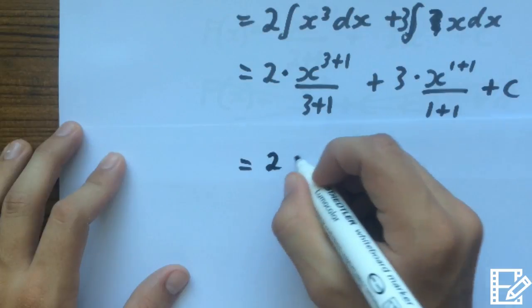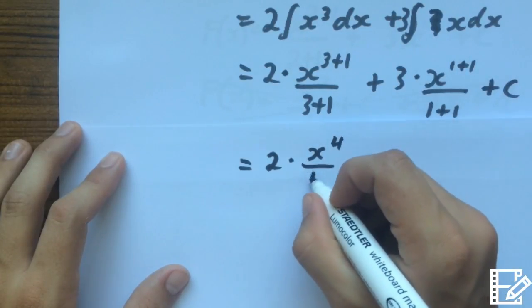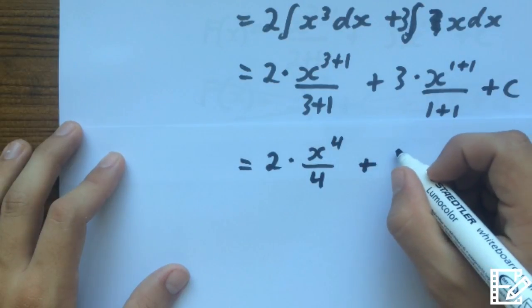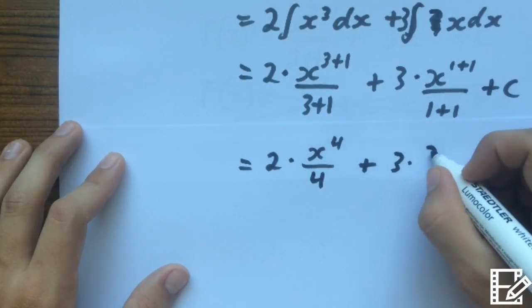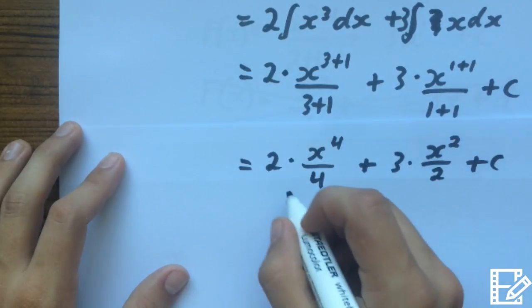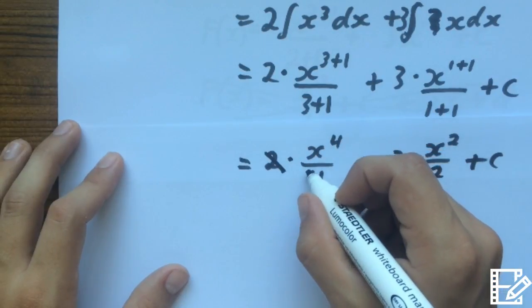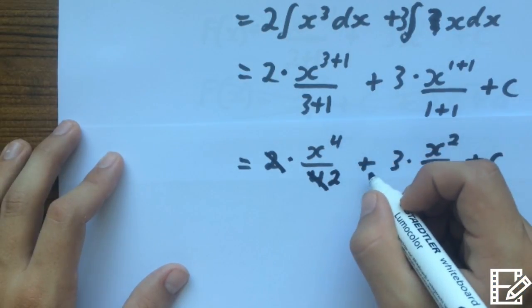Therefore, it would look like 2 multiplied by x to the power of 4 on 4 plus 3 multiplied by x to the power of 2 on 2 plus c. Now we can simplify this over here. We can get rid of the 2 and we can take 2 off the bottom and make it a 2.